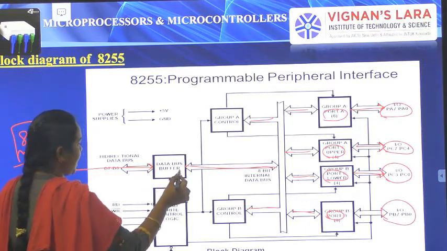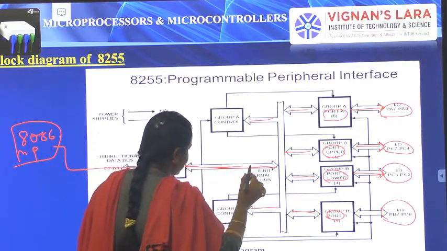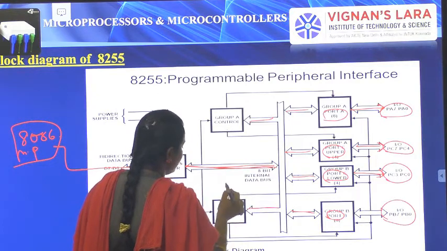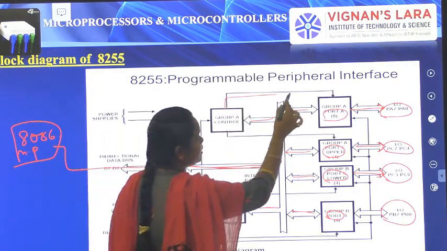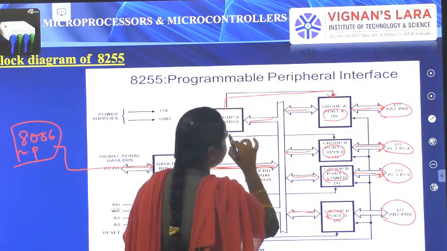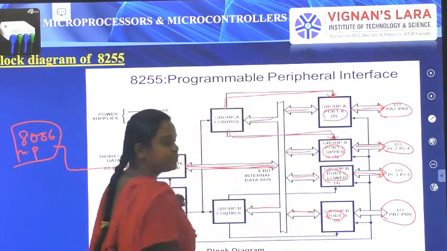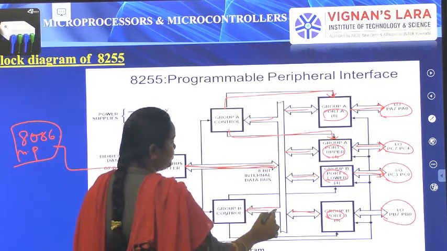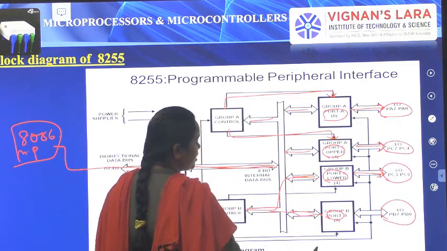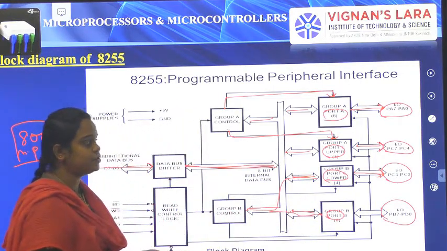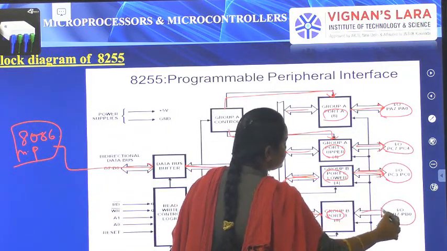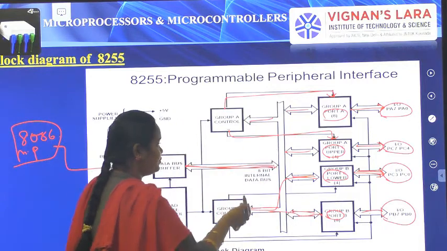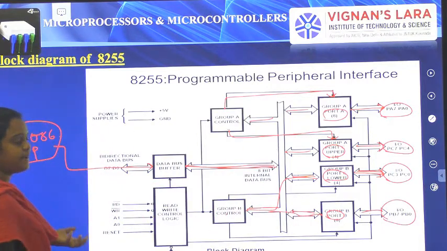The information is carried by the data bus to group A or group B. Group A sends the information to port A or port C upper, or group B, whatever the program we are writing, and the information is sent to these input and output devices by using these ports, port A, port B.